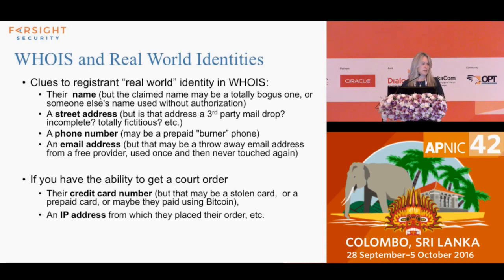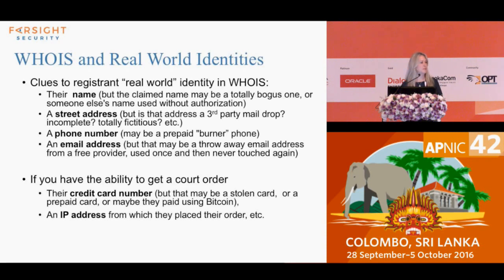So the thing to understand is that the name in WHOIS, you don't know if it's real or not. It could just be made up. The street address, take a look at whether or not it's actually a mail drop or an actual physical address, although that may not even mean that it's part of the real person, or the street address is not part of the entity who presumably owns this domain.